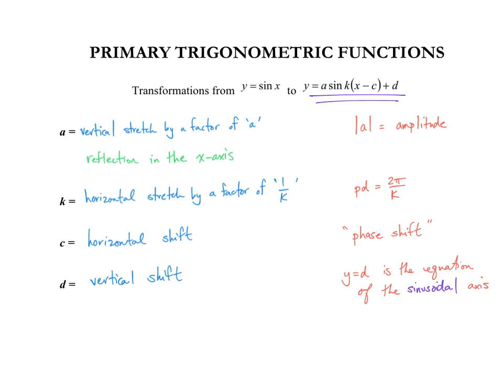It should go without saying, but I don't want to make any assumptions, that we don't have to be concerned about a k value being negative because it's a periodic function. That is, your sine and your cos graph will repeat over and over again. And so the idea then of reflecting it in your y-axis is never needed.